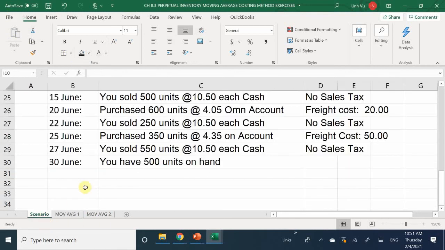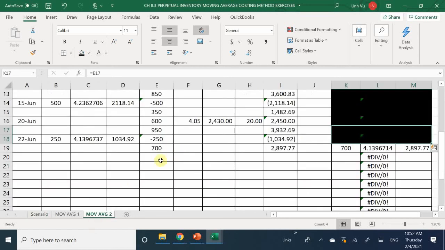So then what has happened on June 25th? We purchased 350 units at $4.35 each, with the freight costing $50. So 350 at $4.35 and $50.